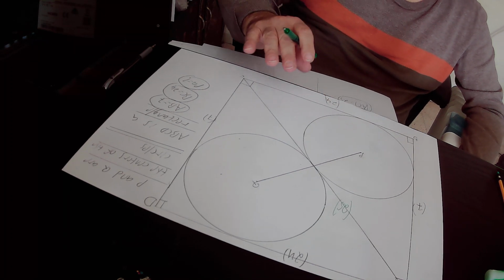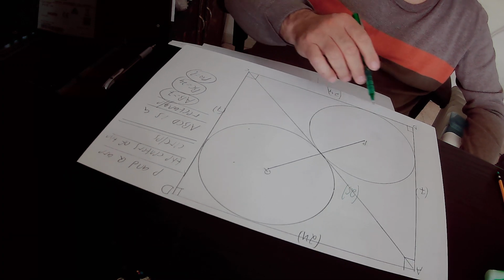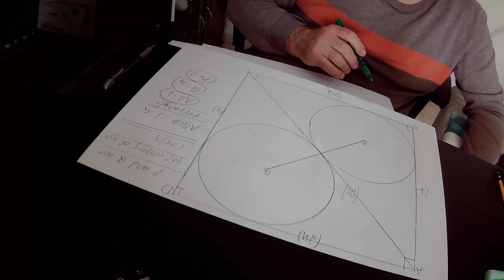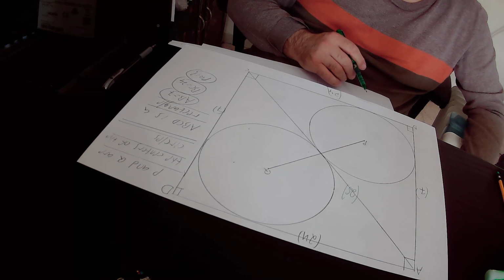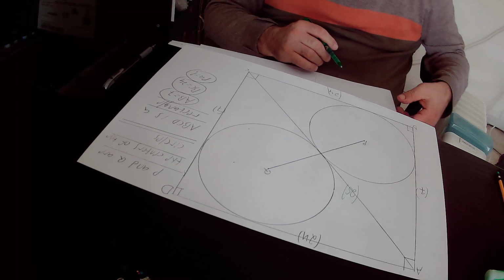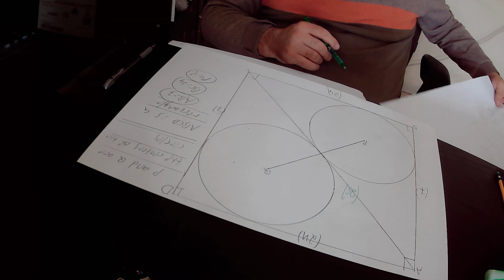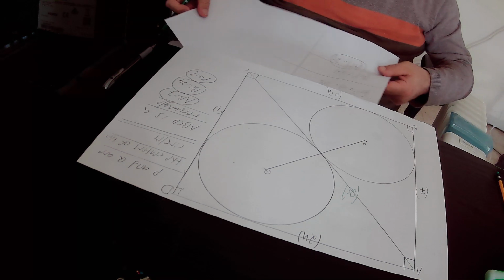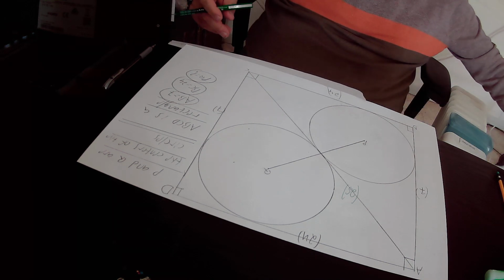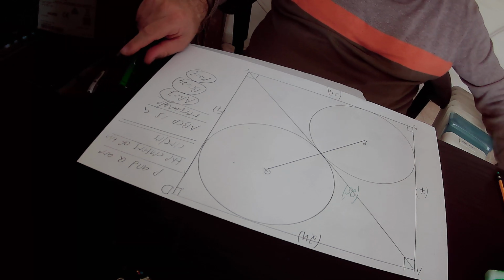In the next step, we'll calculate the radii of those two circles. Actually, we'll develop a special formula for a radius of a circle that is blocked by a right triangle.